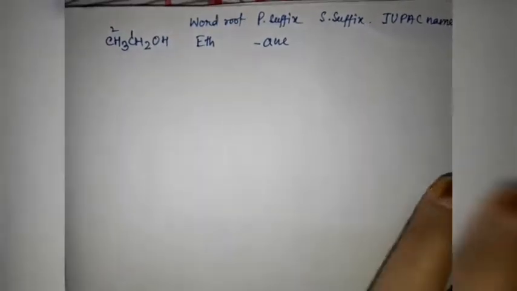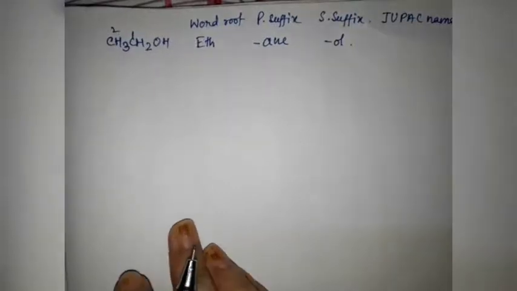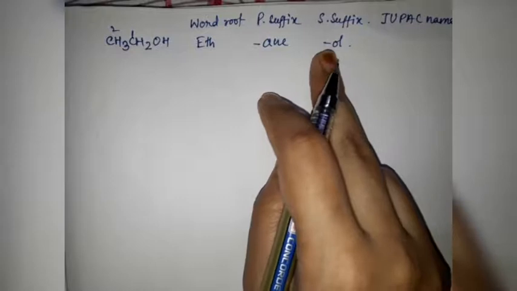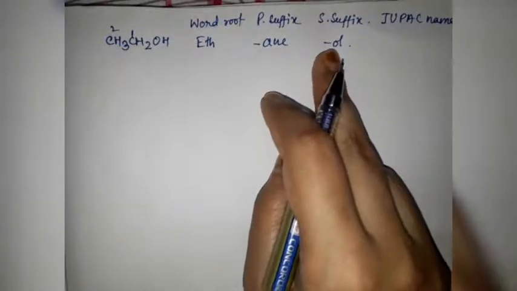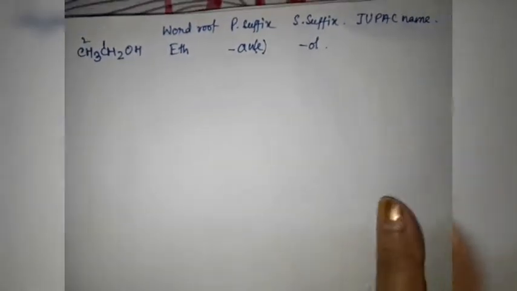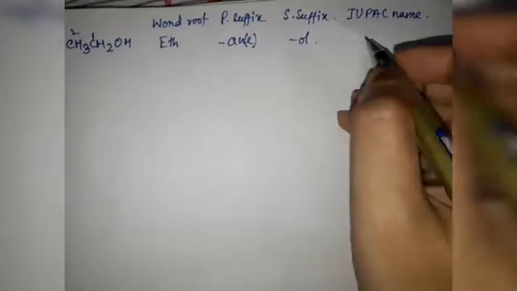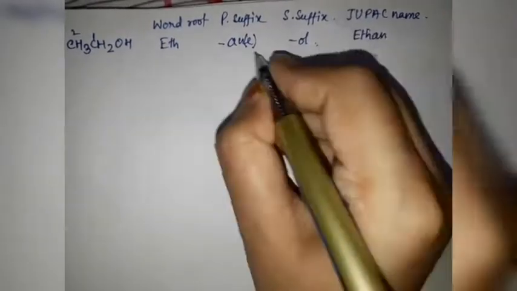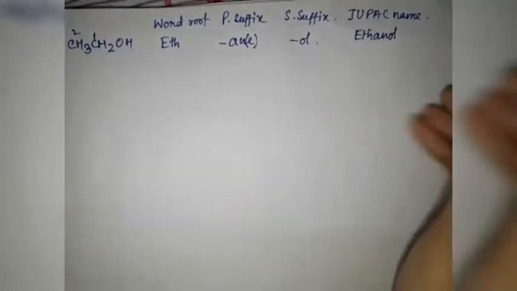And secondary suffix will be "-ol". Whenever any secondary suffix is starting with a vowel, then the terminal E of the primary suffix is dropped. So our IUPAC name will be eth, an, E is dropped, ol, ethanol.